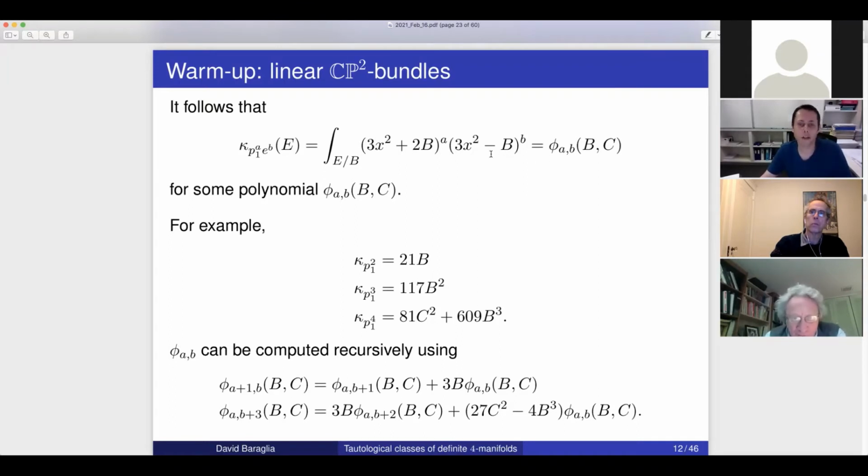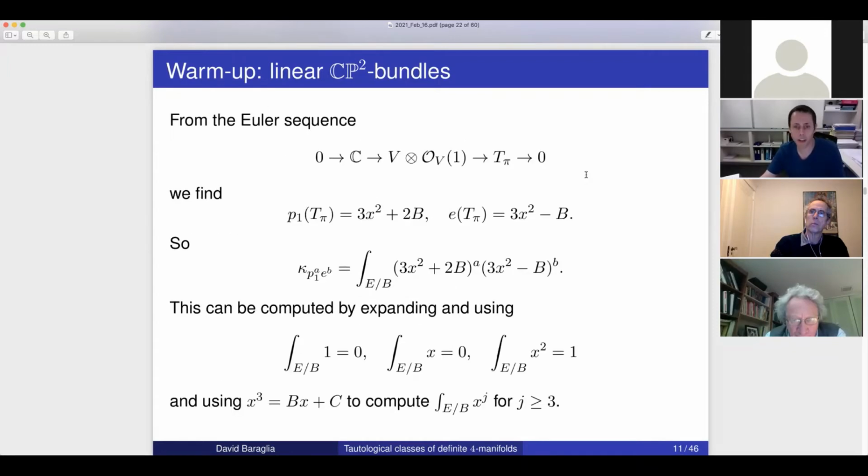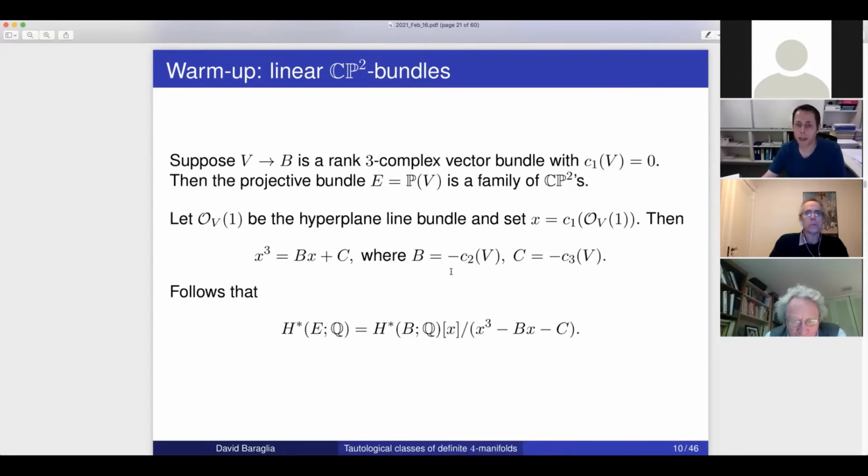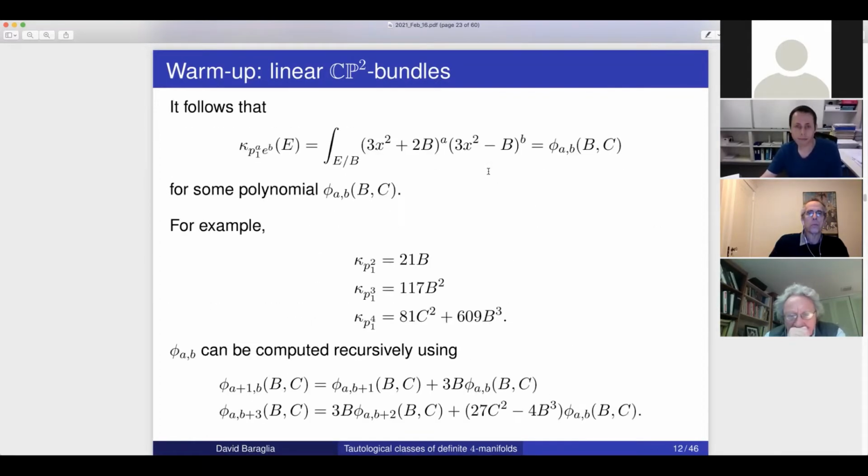And basically what you'll get is some polynomial in B and C. Let me remind you, B was minus the second Chern class and C was minus the third Chern class. So these tautological classes are just polynomials in the Chern classes. Here are some examples. For P1 squared, it's 21b, P1 cubed, 117b squared, and so on.